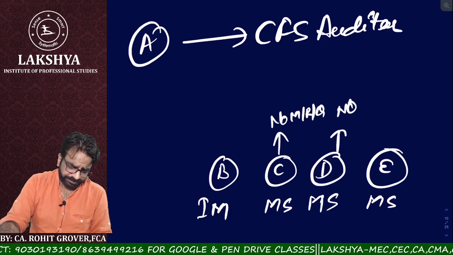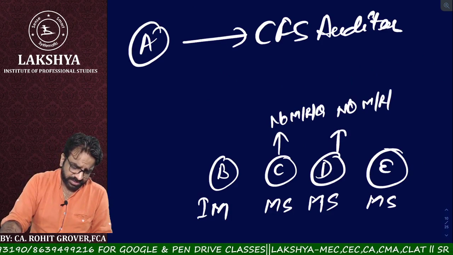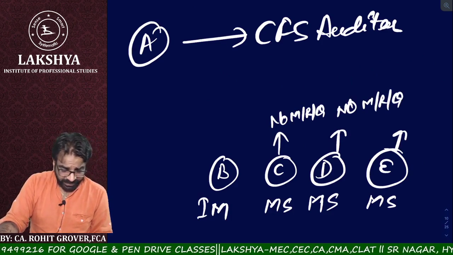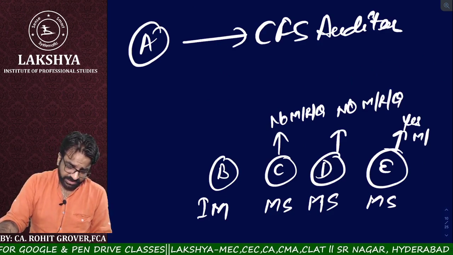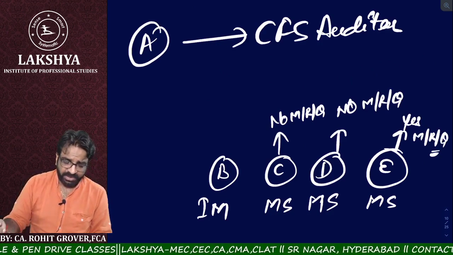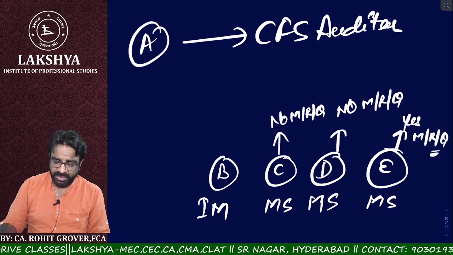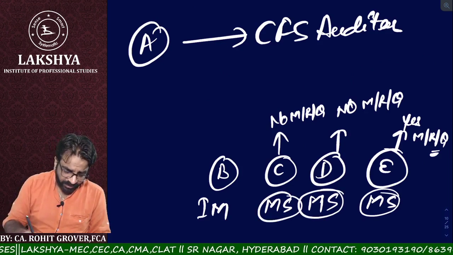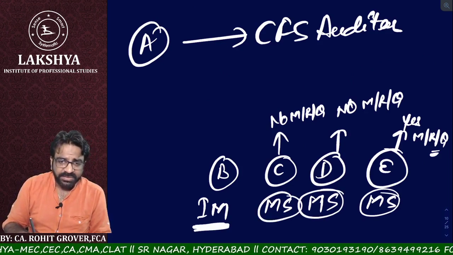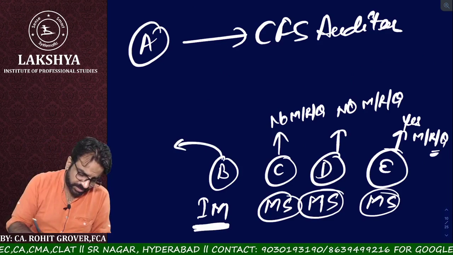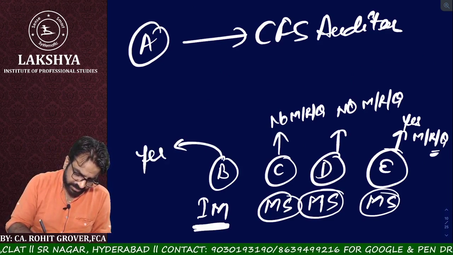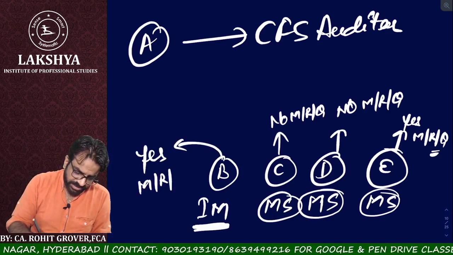No modification, no reservation, no qualification. Here, yes, there are some modifications, reservations and qualifications kept by the component auditor called E relating to this material subsidiary. But what is this subsidiary? This is an immaterial subsidiary. Here also, the component auditor has kept some modifications, reservations and qualifications.